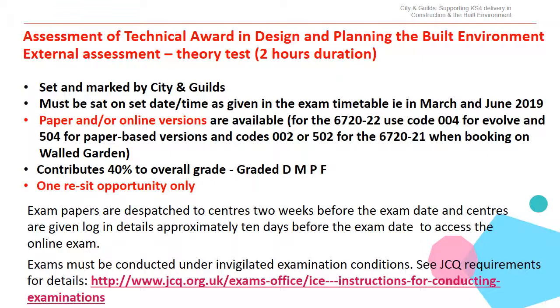If you wish to do the exam on Evolve, then in this example you use code 004, and if paper based you would use code 504. As previously stated, the exam contributes to 40% of the overall grade and is either an outcome of a pass, merit or distinction, and 1 resit opportunity only.